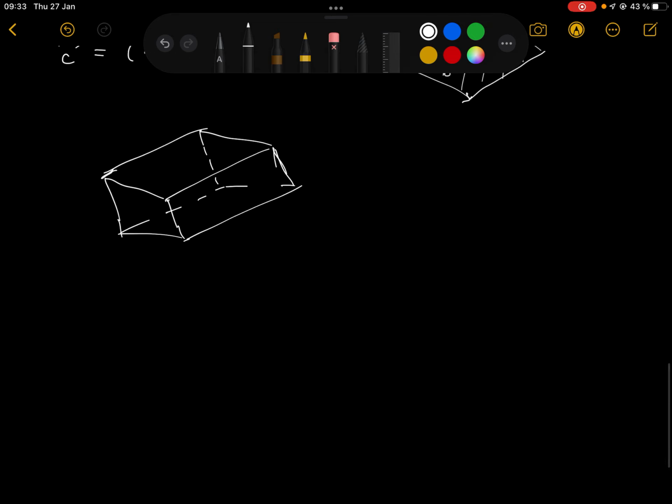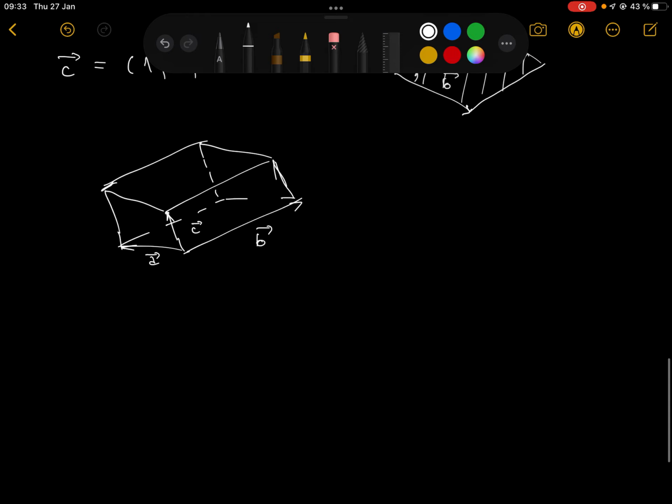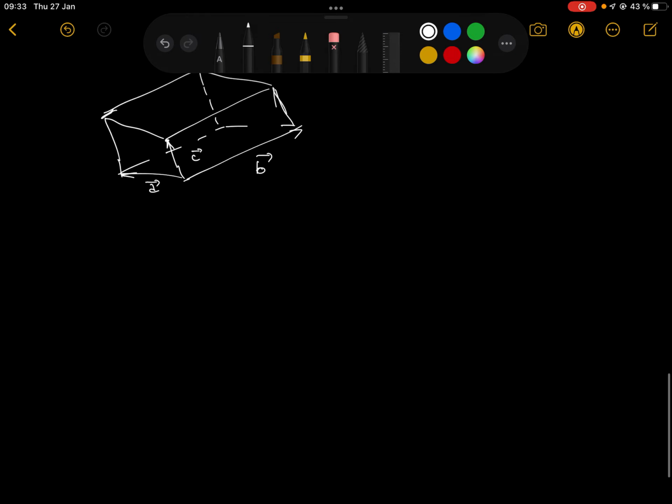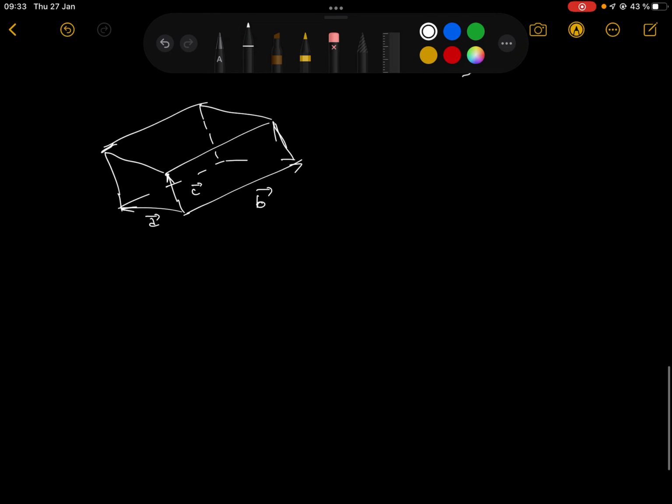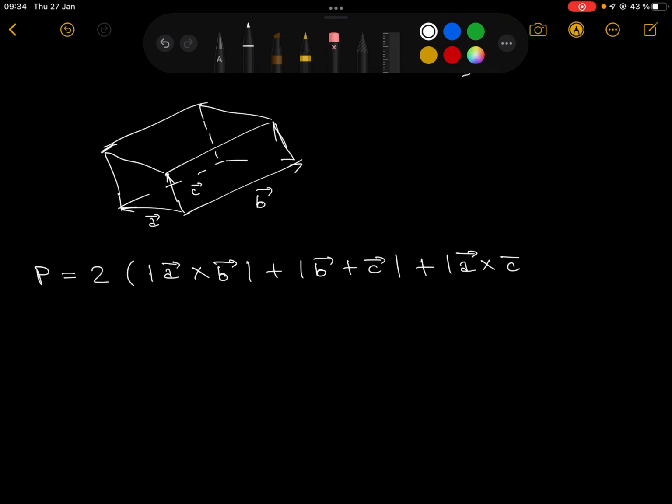So if these are our vectors, let's say this is vector C, this is vector A, and this is vector B, then we can see from here that the surface area of this parallelepiped is going to be 2 times the intensity of A times B, plus the intensity of B times C plus the intensity of A times C.